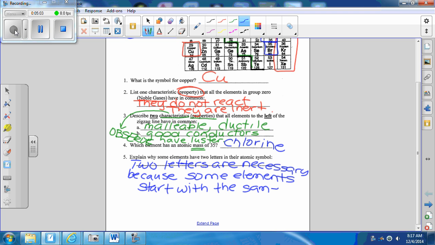So therefore, one letter is not enough. You need two. Example, IE means example. Hydrogen versus helium. You need two letters to tell them apart.